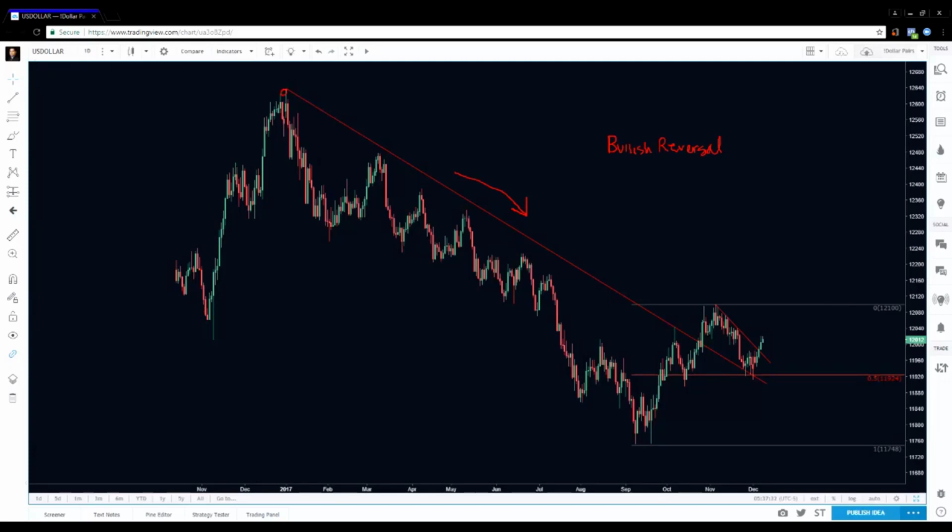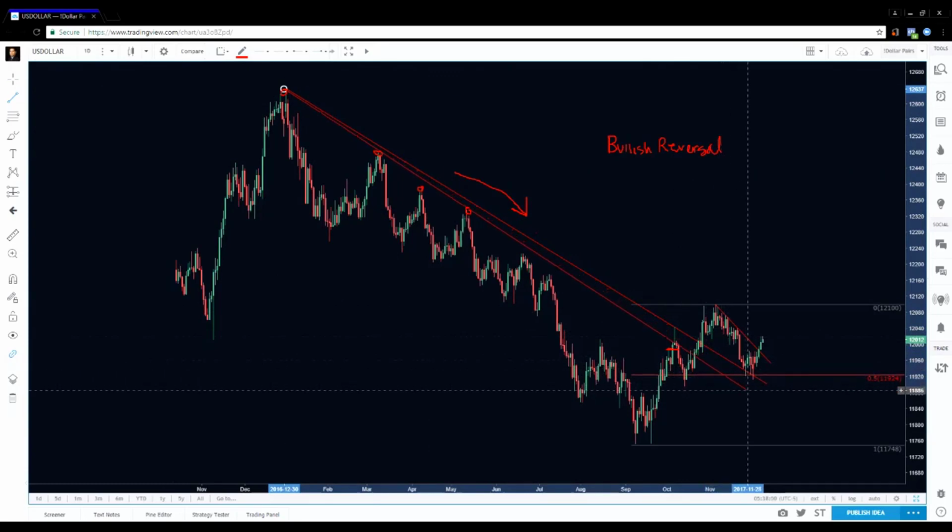We could connect these highs here, which is probably what would have happened before the break of this level right here. When you're actually in the moment, that's probably what we would have noticed first and foremost: you have a push to a level, then a bounce off the level, and then a break of the trend line.